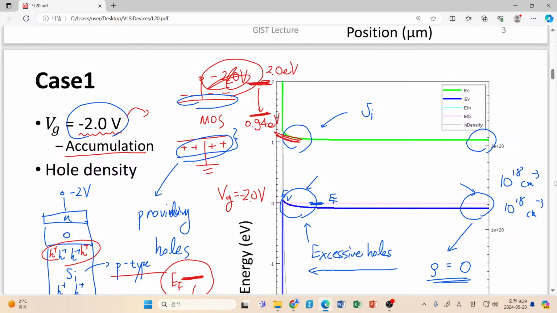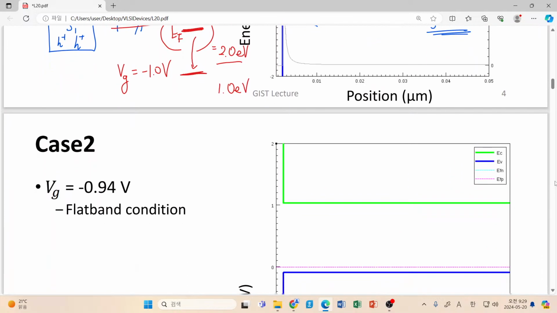So on this left side the band was bent upward, but that amount of band bending is now reduced to just 0.94. So now you can see that previously in this part the band was bent upward, originating from this gate part.